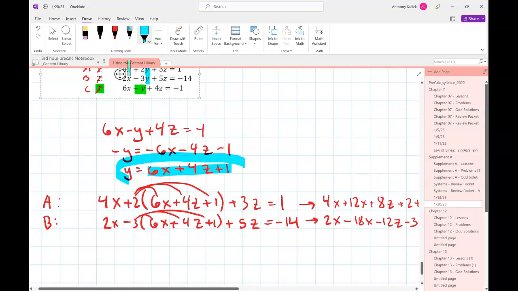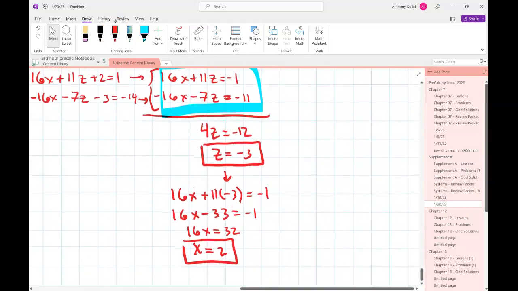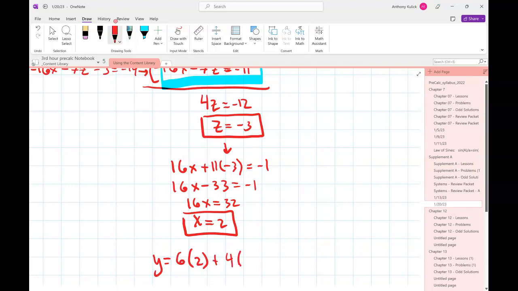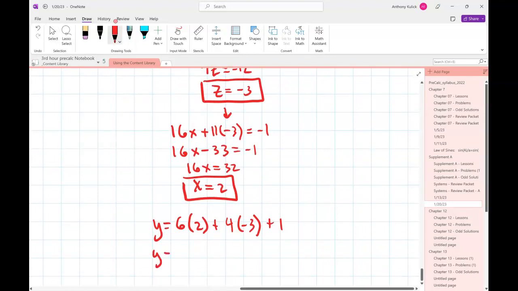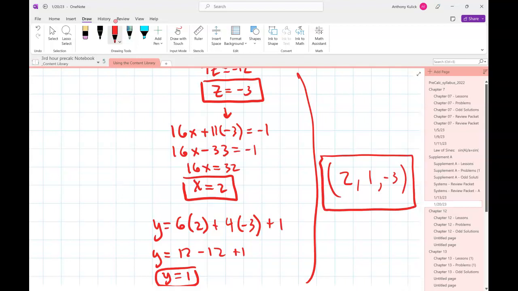I'm going to use this equation to get my y. So I'm going to plug in my x and my z. I already forgot what that was. y equals 6x plus 4z plus 1, I think. If I do that, I get 12 minus 12 plus 1, so y equals 1. Taking that all together, there's my solution.